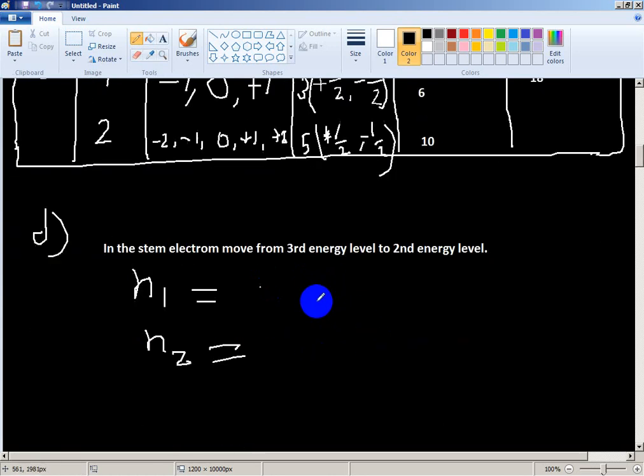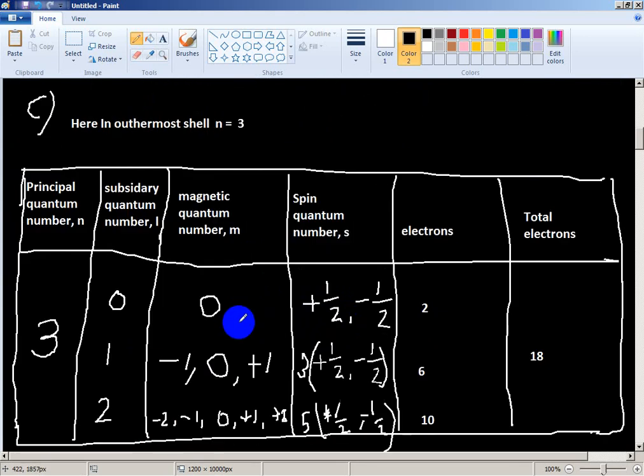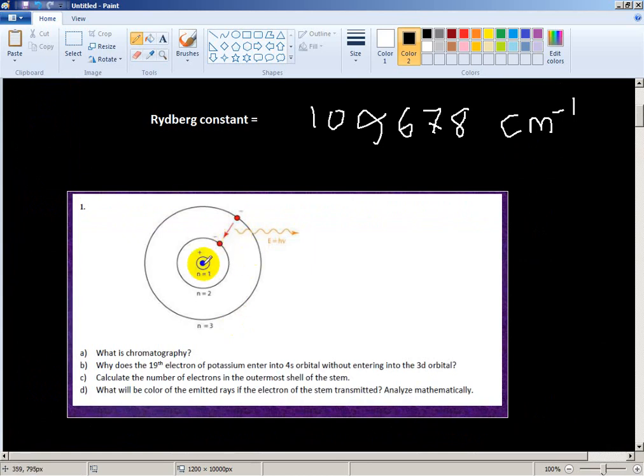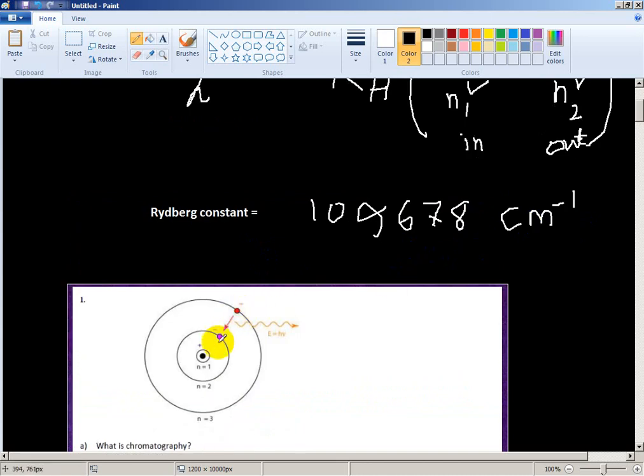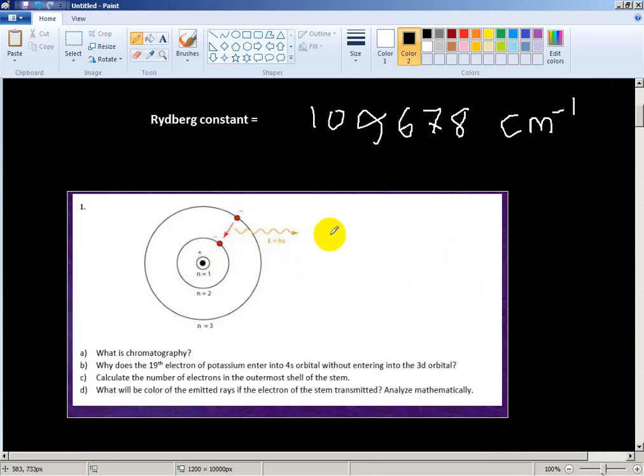Now tell me, there are two options, so it will be finished. Which one is N1, in or out? I said in means N1, and out means from where the electron goes out. The electron goes from 3 to 2.